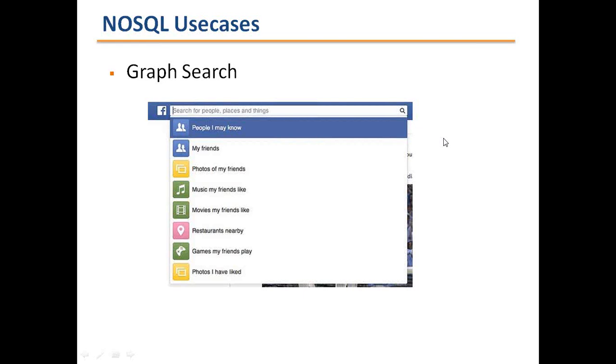By using graph databases, we can easily perform such searches. Even with large volumes of data, billions of records, we get results within seconds. I will show you how graph databases work.